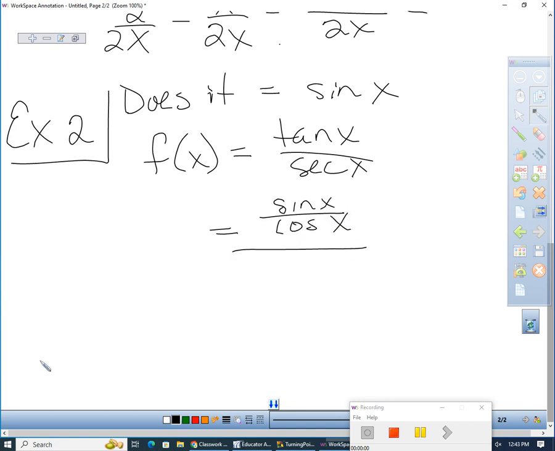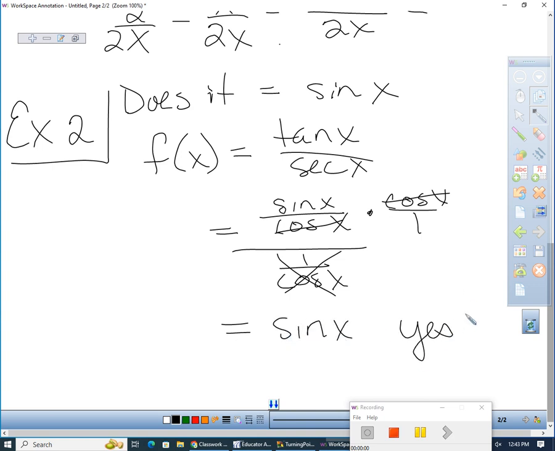And what is secant? Good, 1 over cosine x. And so then if I'm dividing by a fraction, I'm really multiplying by the reciprocal. Good. So I'm going to flip this one over. Gets rid of that one. What do you see will cancel? Cosine of x, which means this does equal sine x. So we say yes.